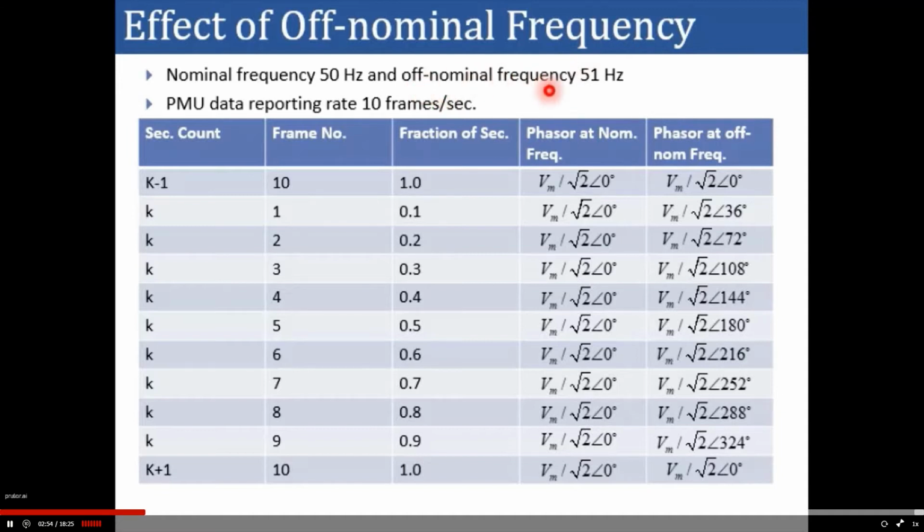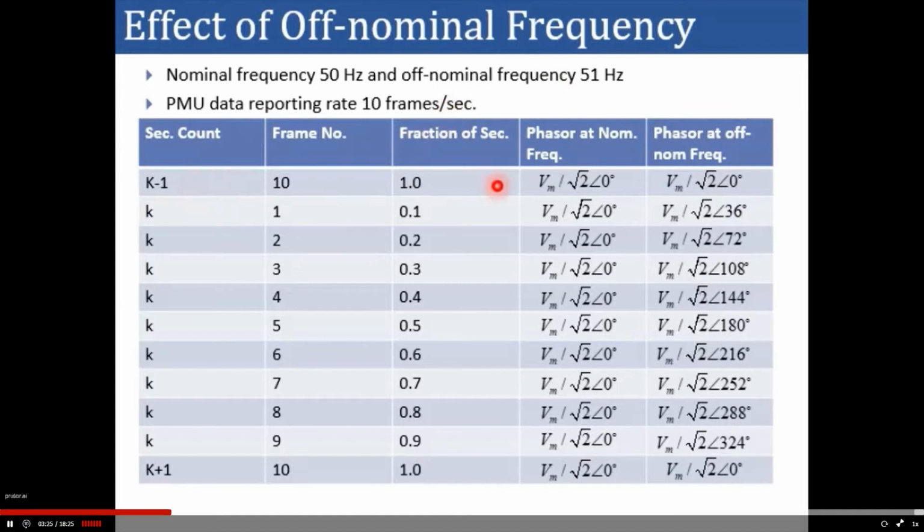What will happen to the phasor data? Let's assume that the PMU data reporting rate is 10 frames per second. That means every second we generate 10 data frames from the PMU, sampling the data with nominal frequency.